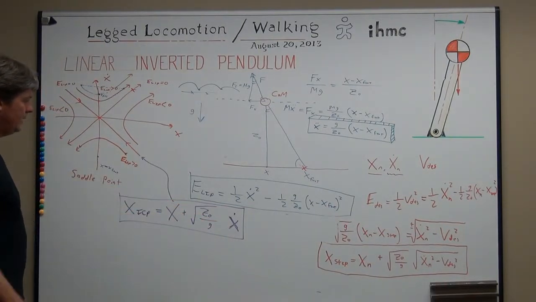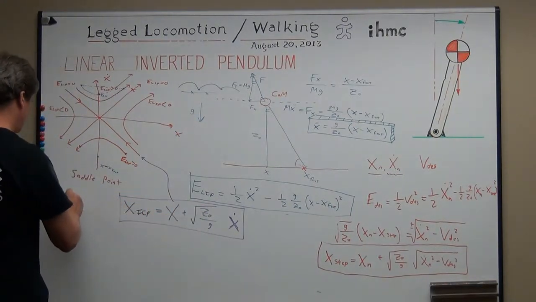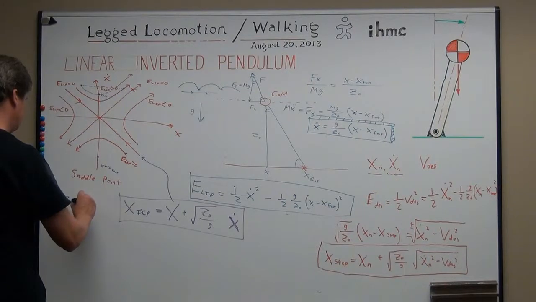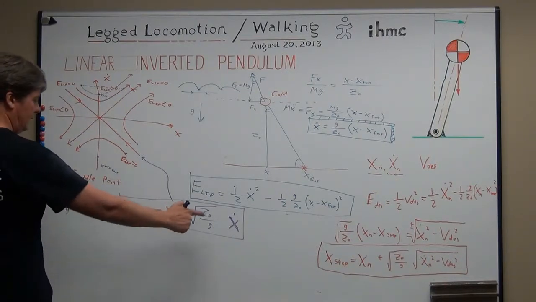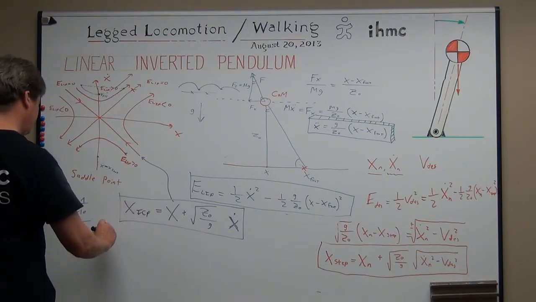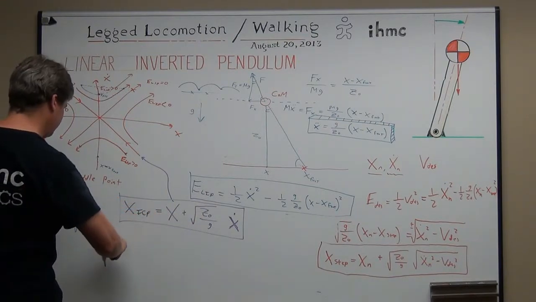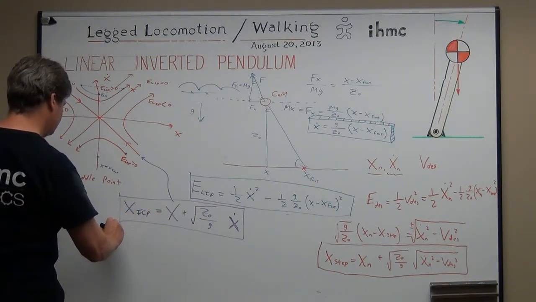Okay? So for approximately human parameters, z naught is approximately 1 meter, g is approximately 10, the square root of 1/10 is approximately 1/3, or well, let's call it 0.3, somewhere around there.